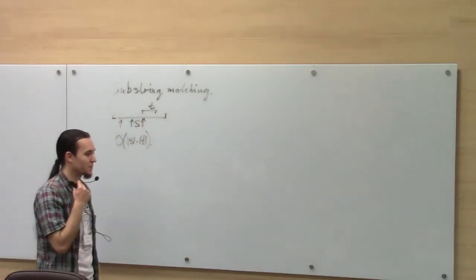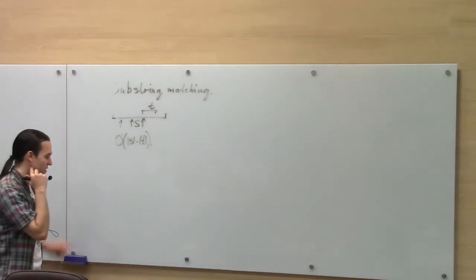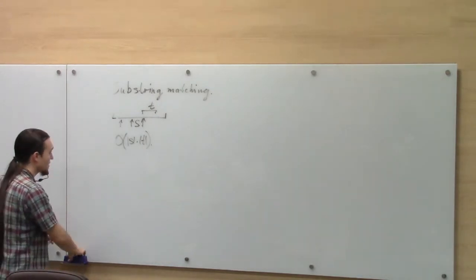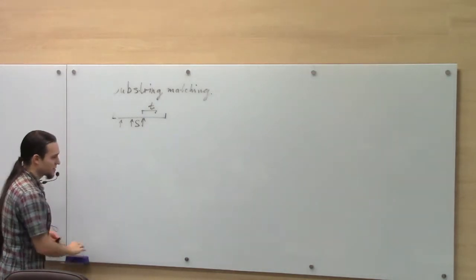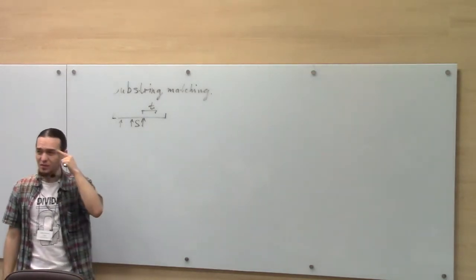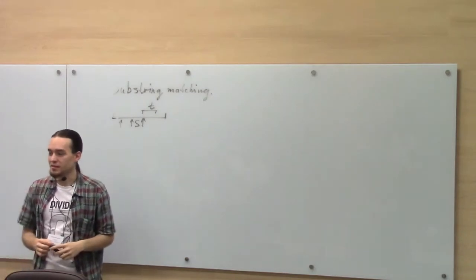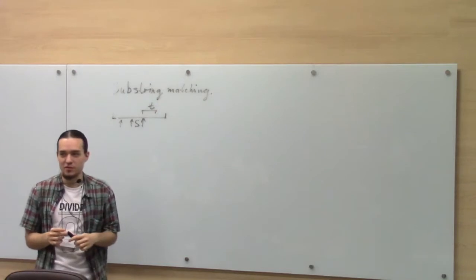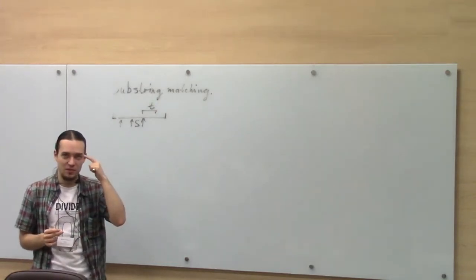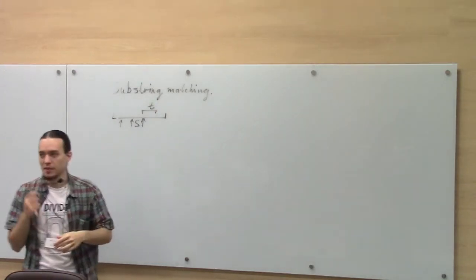We don't know. So we want to do better than that, and there are a few ways. They are almost equivalent, but in order to solve a lot of problems efficiently, you need to know all of them, because sometimes one is more convenient than the other.